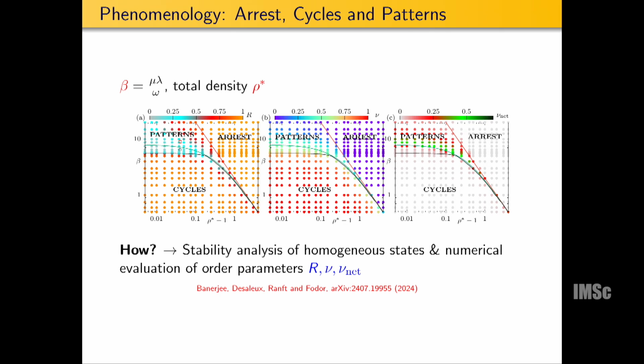In the next slide I will show you the patterns. Yes, cycles are basically globally oscillating states. Now if we look into these regimes, for example, the region of the phase space where the arrested state is destabilized, I'll come to again how we check this numerically in terms of some model parameters, but let me show you first what we are seeing here.